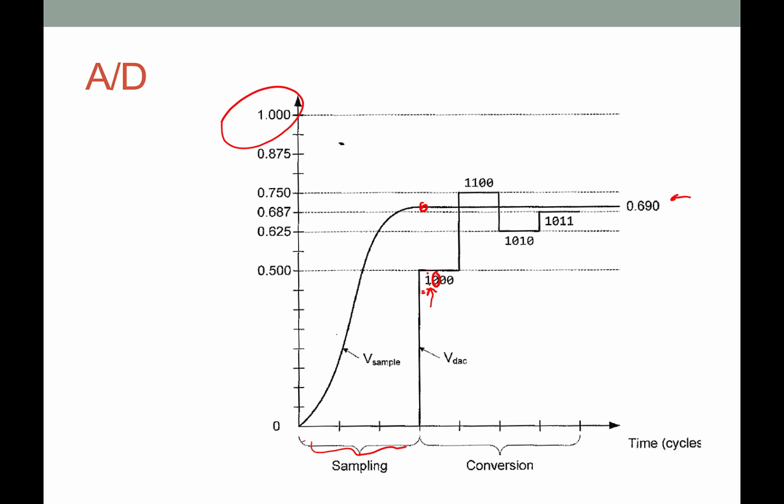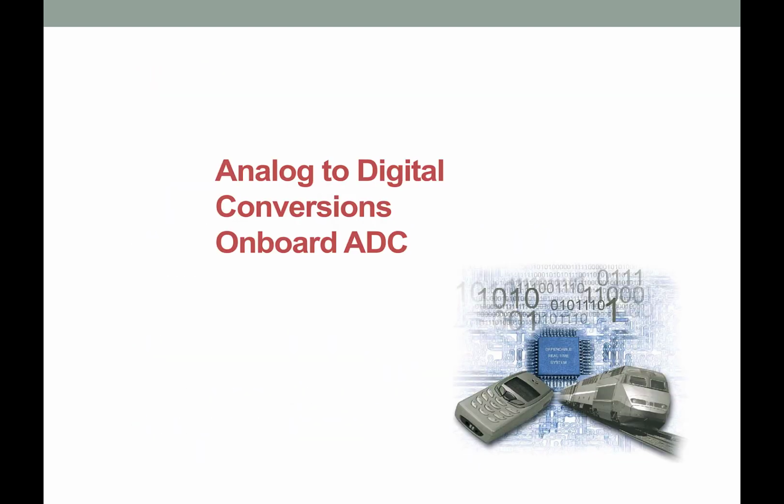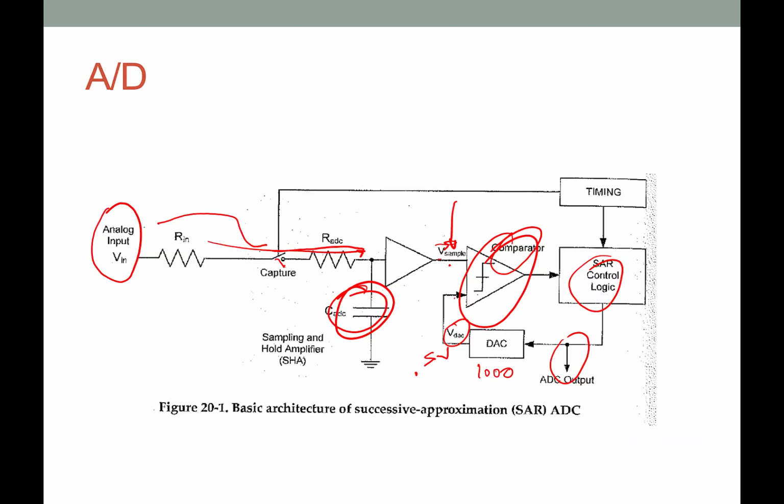That's going to make 0.5, and then that next increment is half of that, so that's 0.5 plus 0.25, so that voltage is 0.75. So this time what's run through that DAC is 1100, so now we get 0.75.